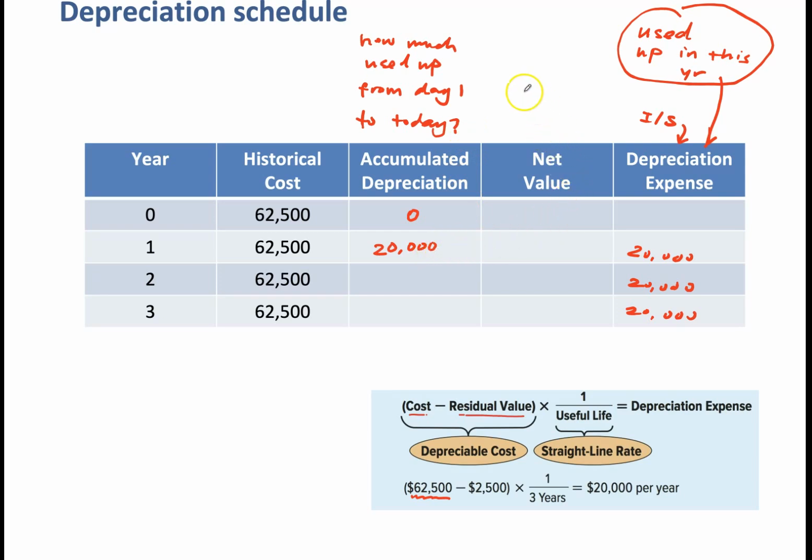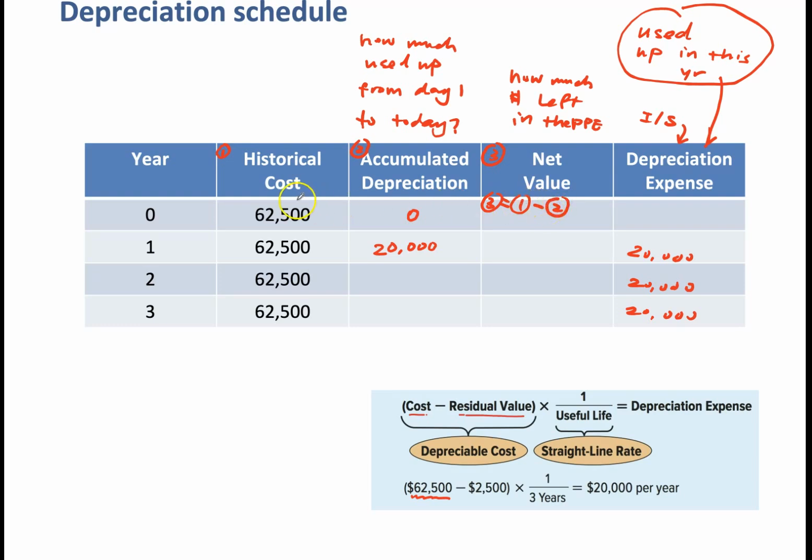The net value shows you how much money or resources has left in that machine, in the PP&E, right? So for the first year, if this is 1, this is 2, and this is 3, net value 3 equals the original cost 1 subtracting accumulated depreciation 2.